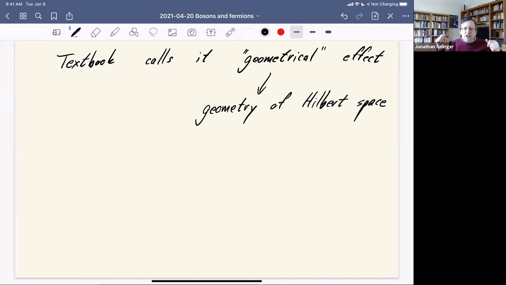For bosons, there's just more room in Hilbert space for situations where the particles are close together, and less room for situations where the particles are far apart. And so that makes a geometrical effect, which tends to keep bosons closer together and fermions farther apart.